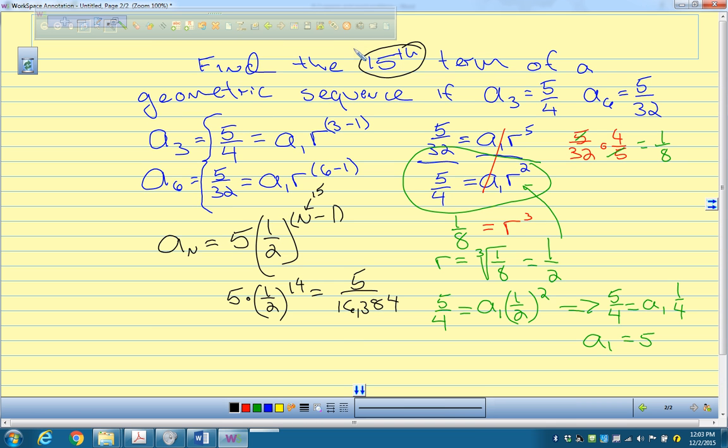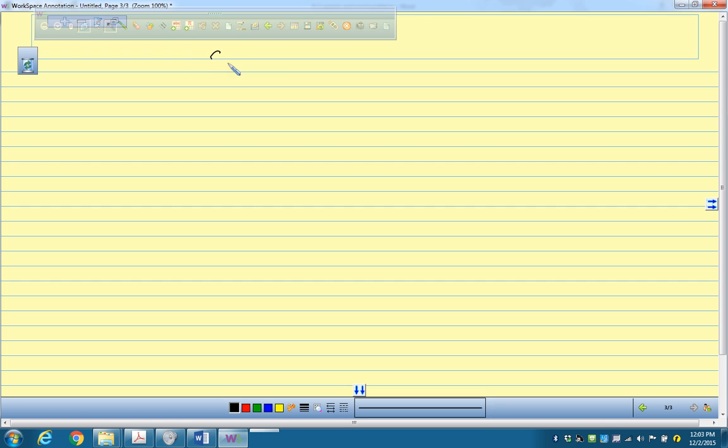Rolling. So this is where we have fun. The next thing is the sum of a finite geometric sequence. Finite means it ends, okay?